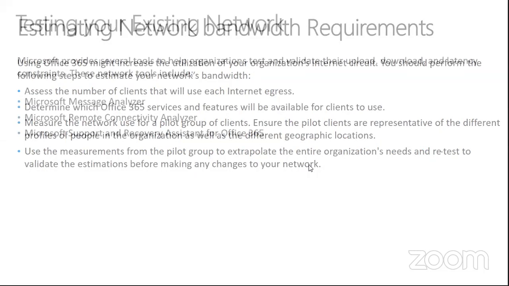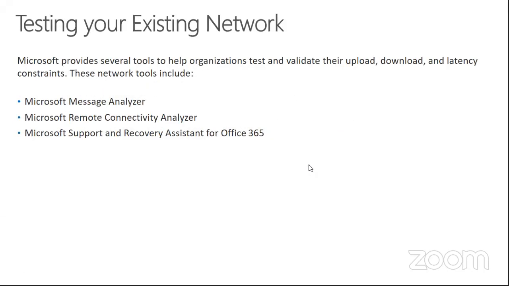The larger picture being testing the existing network that you already have. And Microsoft does help you in that regard pretty effectively, because understanding the network requirement is not just from a utilization point of view, but more critically from a migration point of view.